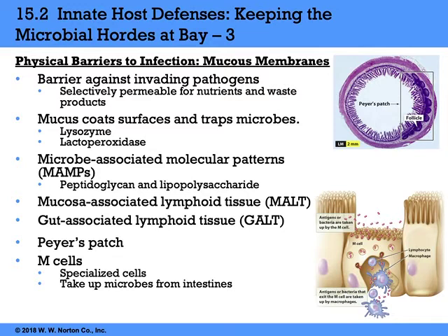And the reason that the Peyer's patches are located there is because it's so close to the colon, which of course is packed with bacteria, the most abundant being something called E. coli, with which we have a symbiotic relationship. The E. coli bacteria eat our waste products and produce, in turn, B vitamins and vitamin K, which are important for our metabolism. M cells are specialized cells that take up microbes from the intestine as well.